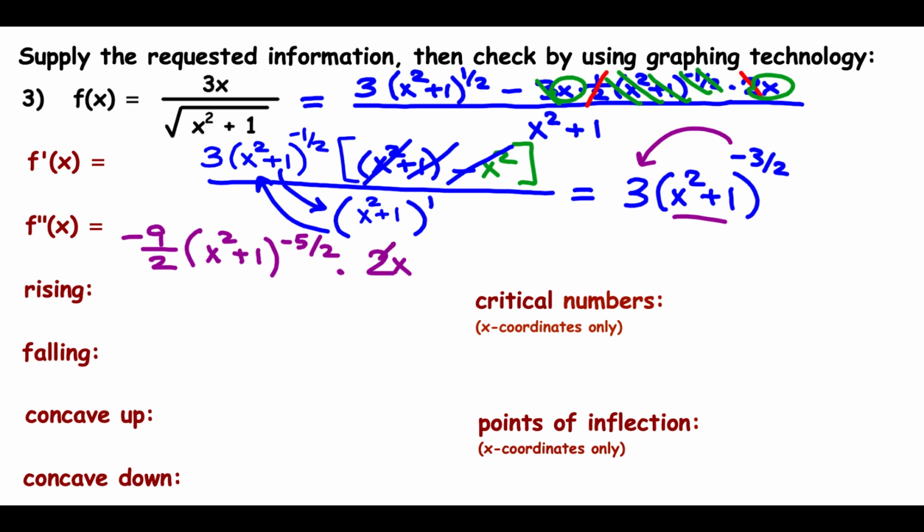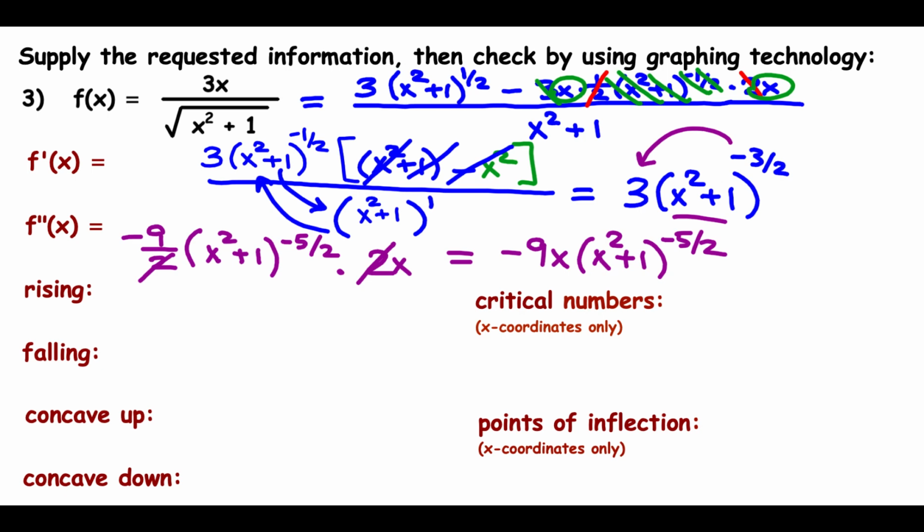Again, the 2 will cancel with this 2 down there, so that's going to end up making a second derivative of negative 9x times quantity x squared plus 1 to the negative 5 halves. Whew. All right, those are our derivatives.